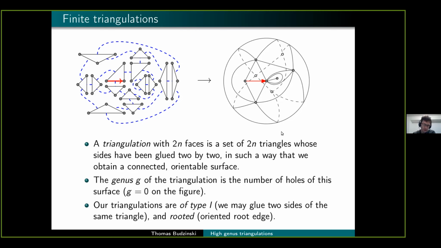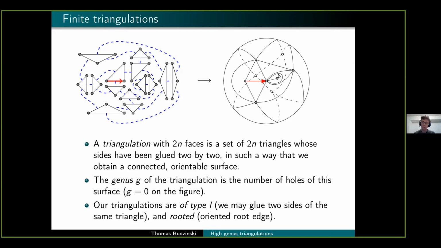Also, all the triangulations that I'm going to consider are rooted, which means that there is one special oriented edge, the one in red on my picture. This is going to be important later because it gives us a starting point if we want to explore a triangulation.